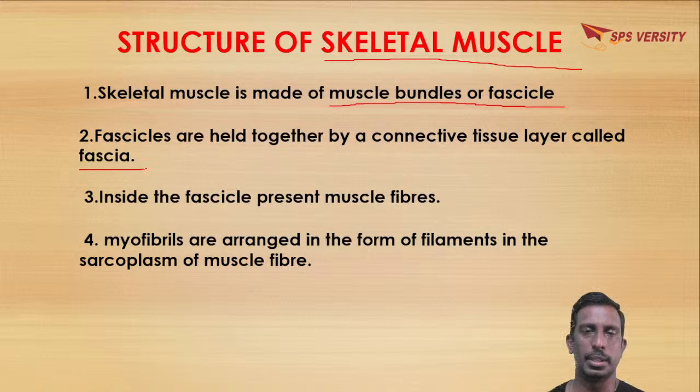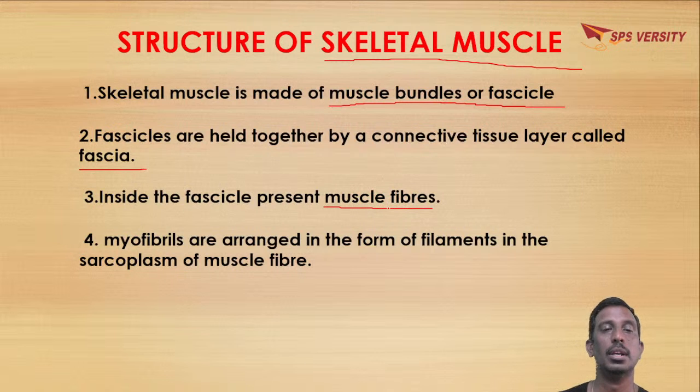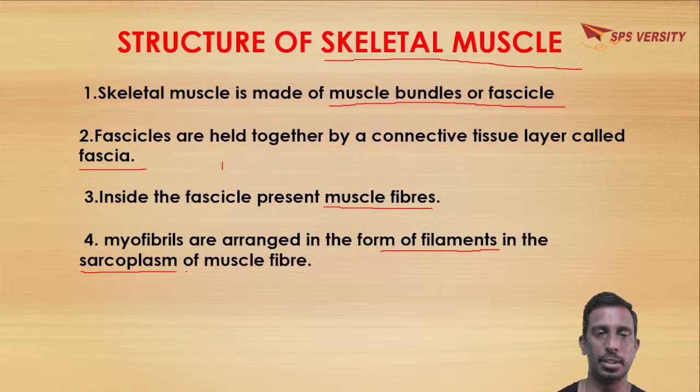So skeletal muscles are made up of fascicles, and each fascicle is made up of muscle fibers. Each muscle fiber contains myofibrils, which are arranged in the form of filaments in the sarcoplasm.